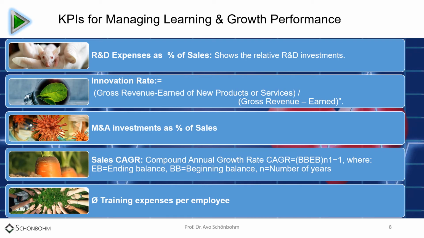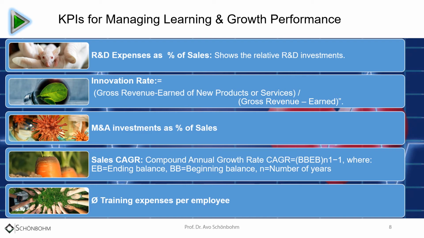It's gross revenue earned of new products or services divided by gross revenue earned in total. There are various subdivisions of that, but let's put it this way. What is the percentage of total sales that comes from products that have been released at most 12 months ago?